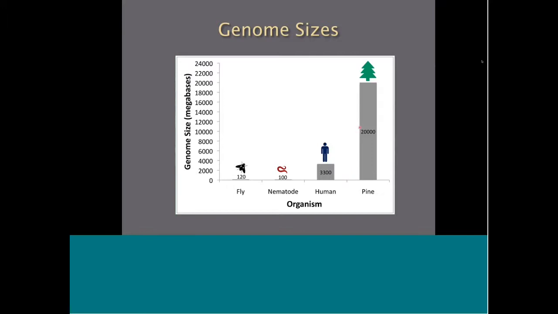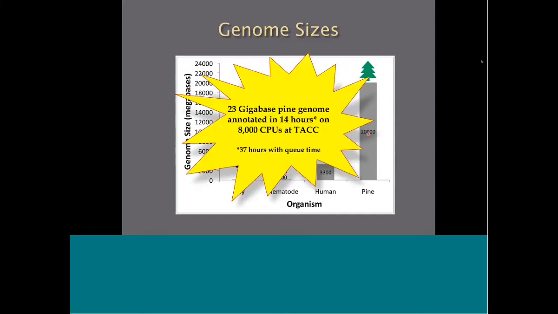That can be a very daunting task if you're trying to run an evidence-based annotation pipeline. 20 gigabase genome? Yes, 20 to 30 gigabases, very, very huge genomes. And in fact, by parallelizing one of these large genomes, we were actually able to process the 2 largest ever sequenced genomes, the 23 gigabase loblolly pine, as well as the 30 gigabase sugar pine, in just a few hours.